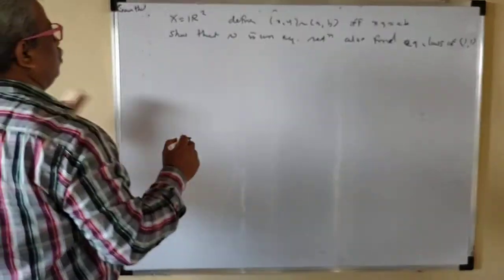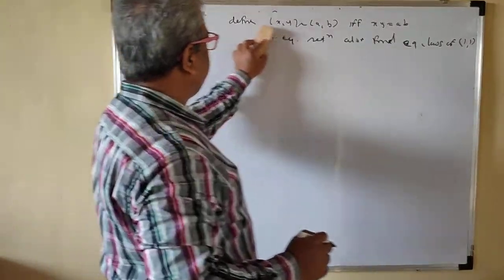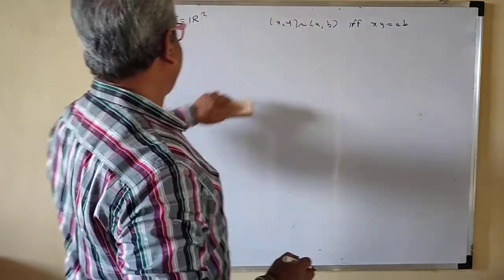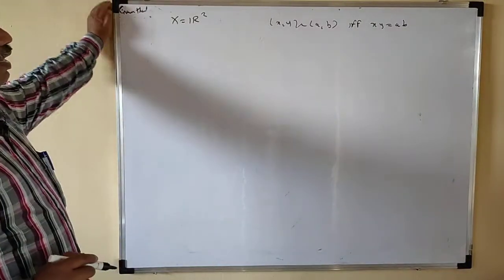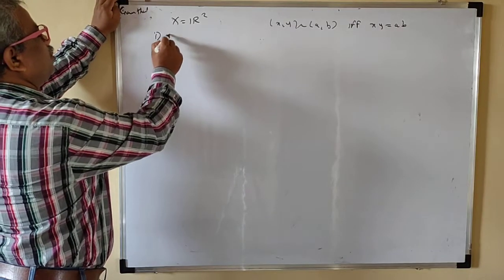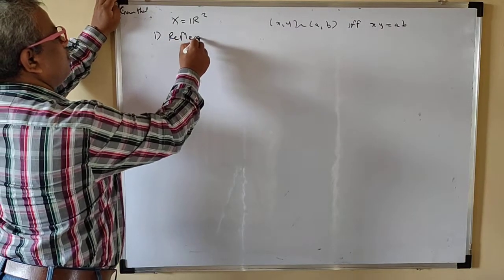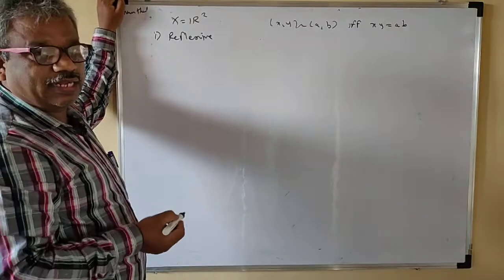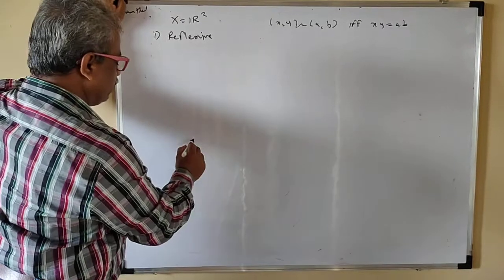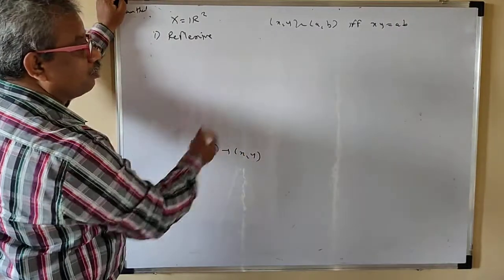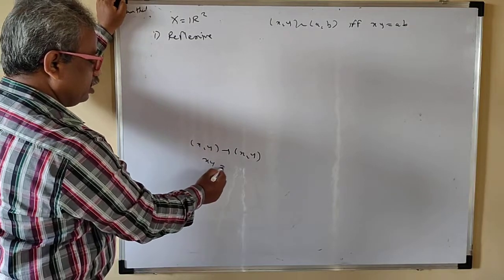Okay, we'll write the solution. Given that X is equal to R2, (x,y) is related to (a,b) if and only if this. So first, reflexive. What we have to prove: (x,y) is related to (x,y). The product xy is the same as xy.